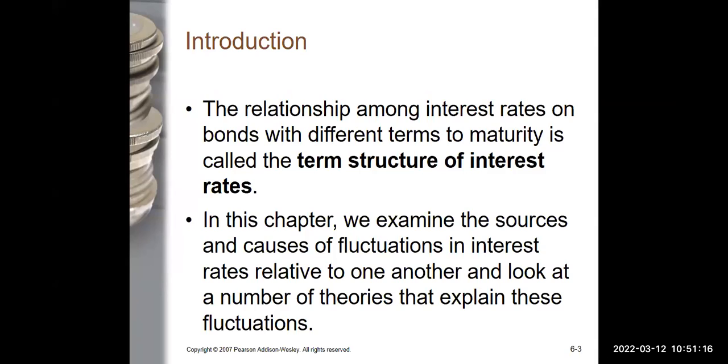If you have bought a plan from the bank to return the money you borrowed over the next 20 years, of course your interest rates will be very high. Since the banks are going to freeze their money for 20 years, they will require higher compensation for this. So the relationship among the interest rates on bonds with different terms of maturity is called the term structure of interest rates.